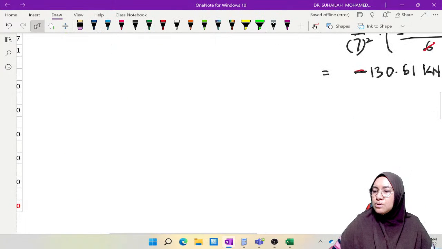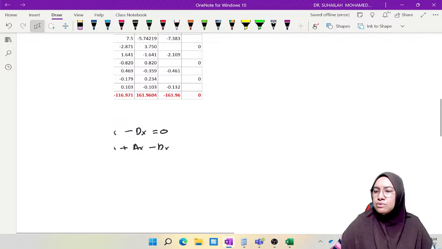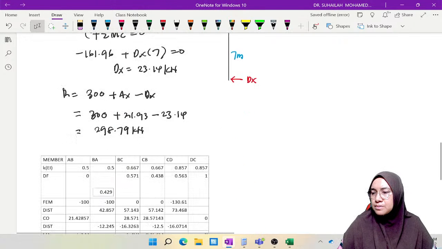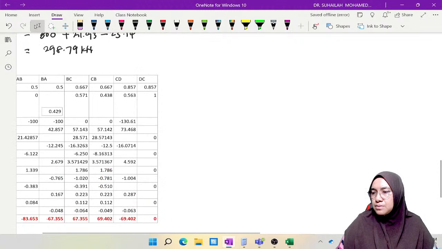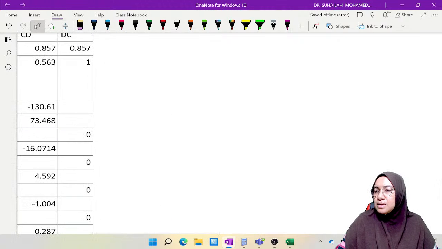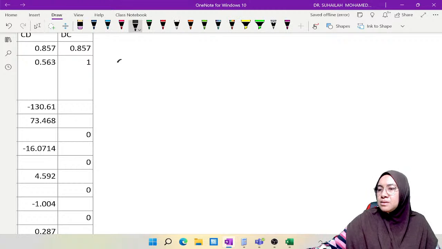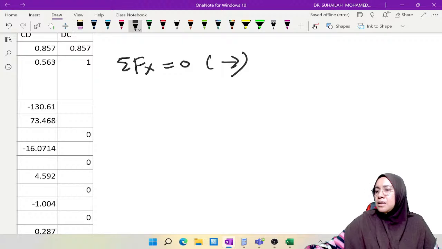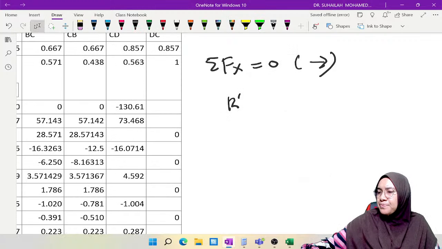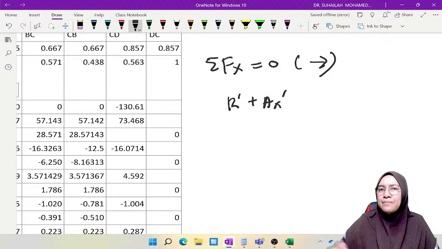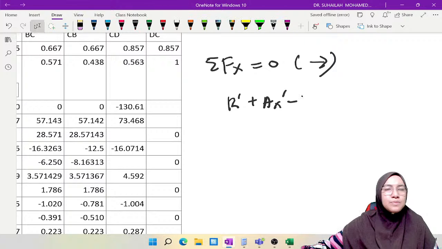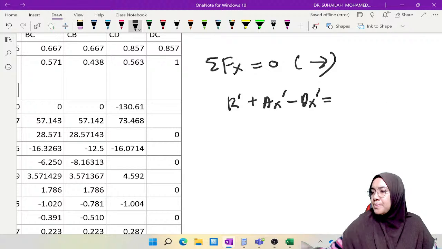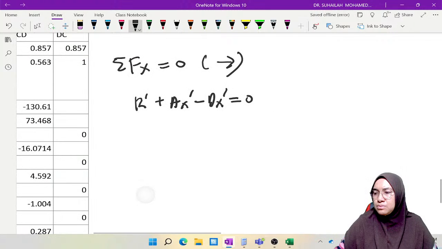For diagram number 2, the equation is total Fx equal to 0, taking the right direction as positive: R prime plus AX prime minus DX prime is equal to 0.